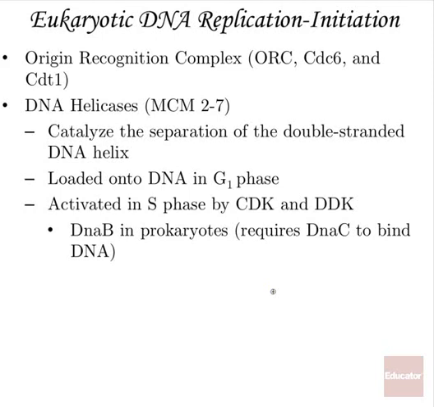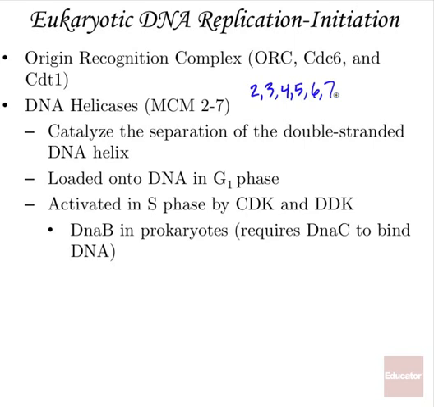So, our helicases, as I've already alluded to, in eukaryotes, those are called MCM proteins, or mini chromosome maintenance complex. And what those are, it's a hexamer, a homohexamer, and we have 1, 2, 3, 4, 5, 6 subunits, okay? And they catalyze the separation of that double-stranded DNA helix.